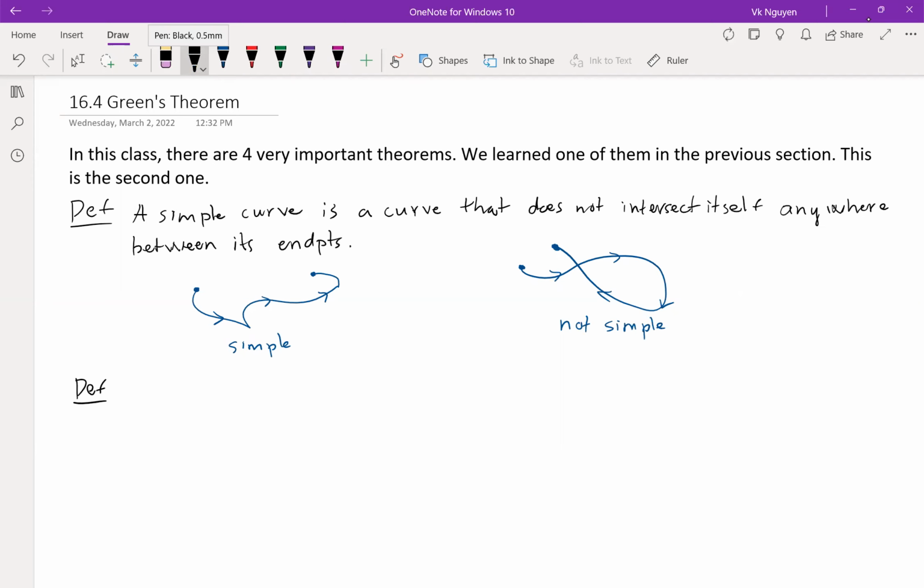Another definition. A closed curve is a curve that ends at the same point where it begins.